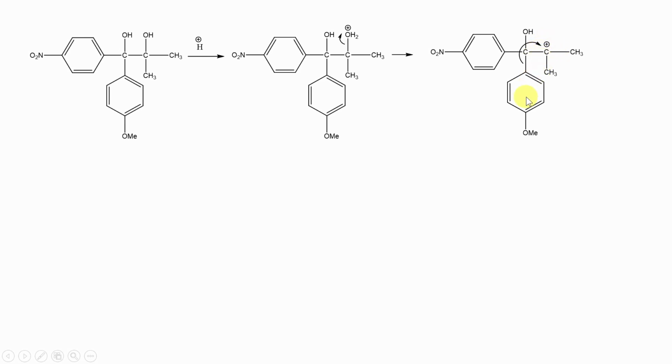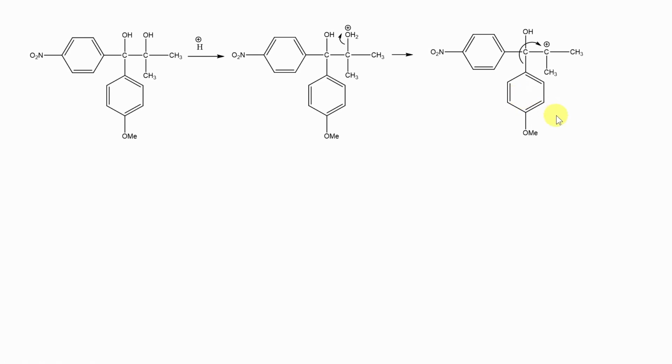Then here a question comes, which of the phenyl groups will migrate, either this or this? This para-nitrophenyl group has minus M effect or electron withdrawing effect, and this para-methoxyphenyl group has electron releasing plus M effect. Usually the more electron releasing group will have greater migratory aptitude than the other.